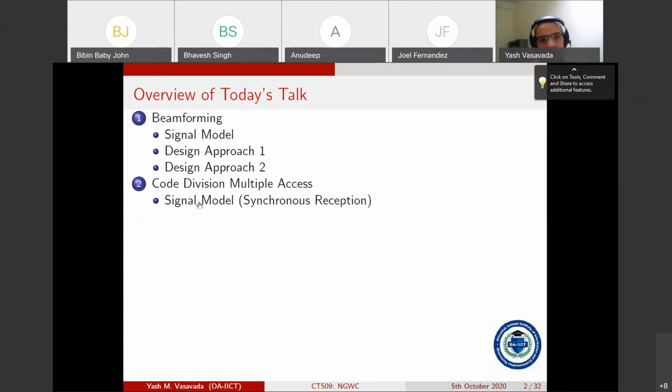So let us see, we will be looking at beamforming, that is one. MIMO, which is not here, but I will include it, which will be application topic number 2. Then this code division multiple access, which is a completely different subject. That will be topic number 3. In CDMA, as of now, we will be confining to synchronous CDMA.